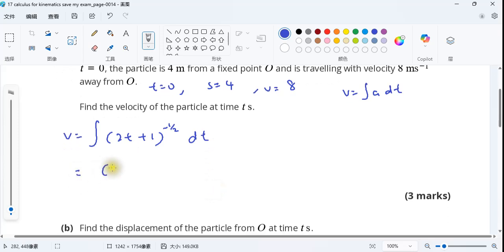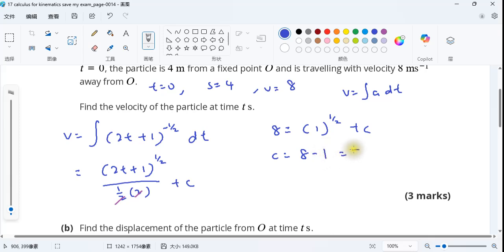Then it will be 2t plus 1 to the power half divided by half times 2 plus c. So when v equal to 8, t equal to 0. So c is 7. So v will be 2t plus 1 to the power half plus 7.